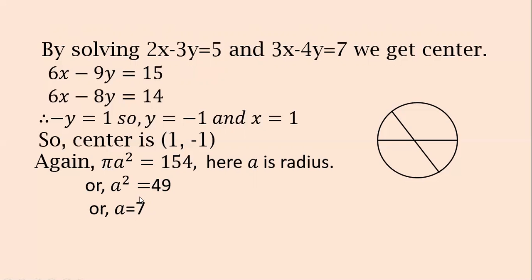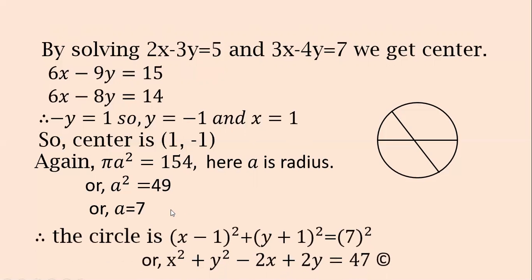So what is the formula? (x minus h) whole square plus (y minus k) whole square is equal to a square, radius square. See the calculation. (x minus 1) whole square plus (y plus 1) whole square is equal to radius square.